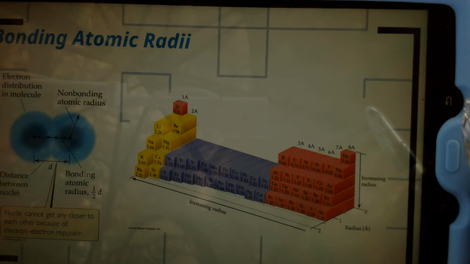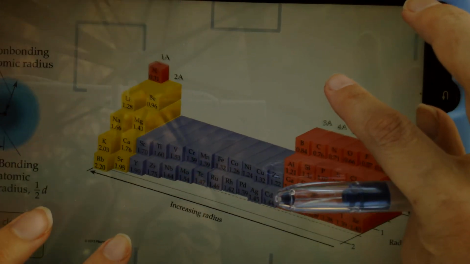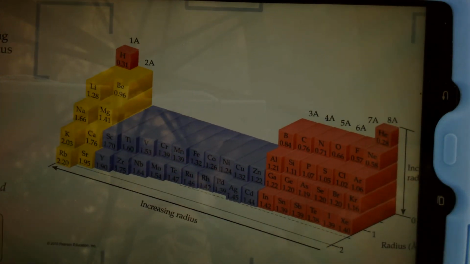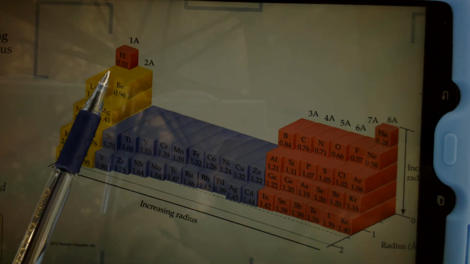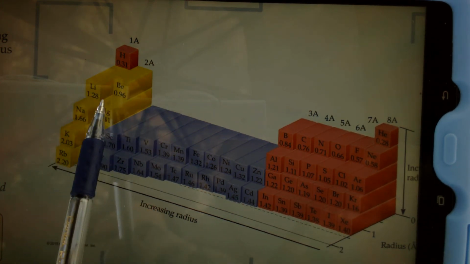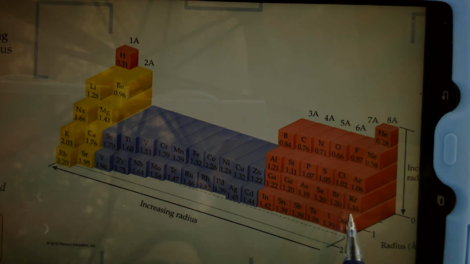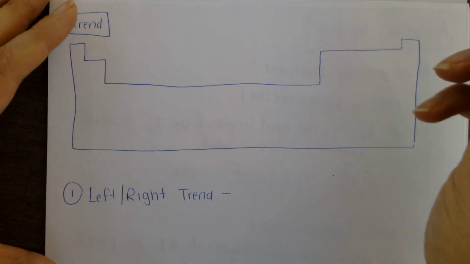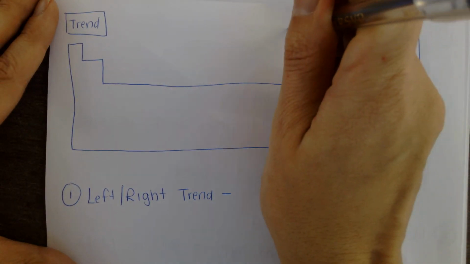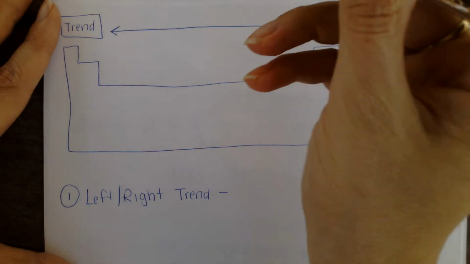It's probably a little bit obvious what we have here. These ones look pretty large. If we're looking left to right, the left side of the periodic table is a lot bigger than the right side. So increasing radius is going this way.